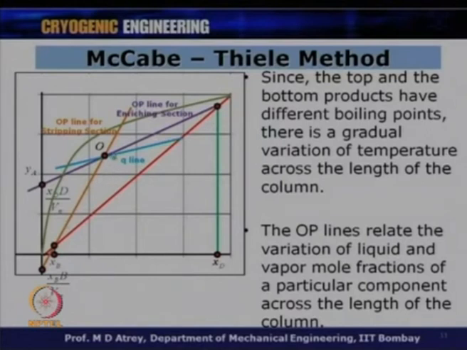So, the operating line gives a relationship between yn and xn plus 1 at various temperatures across the length of the column, while the equilibrium curve basically gives you the relationship between yn and xn on every plate whose phases are in thermal equilibrium with each other. Alright, these are the concepts for all these lines.